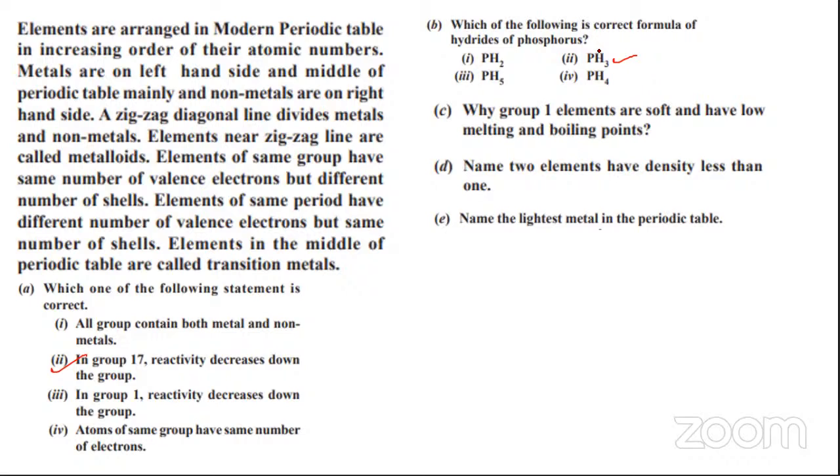Why are group 1 elements soft and have low melting and boiling points? Anyone?